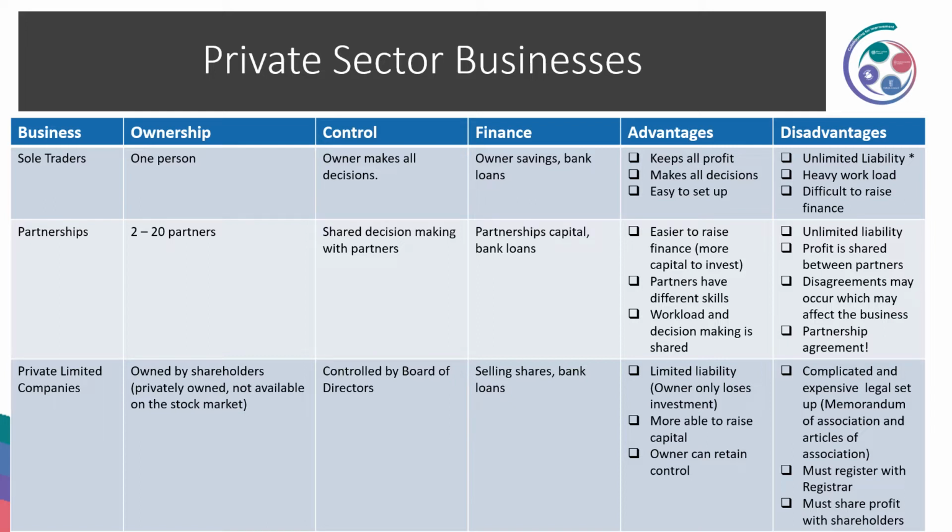But the disadvantages is that it's going to be a costly and complicated legal setup. So businesses have got to, first of all, register with the Companies House, and it can be costly to set up because you've got to set up articles of association and memorandums of association, which essentially just outline the legal procedures of a company.